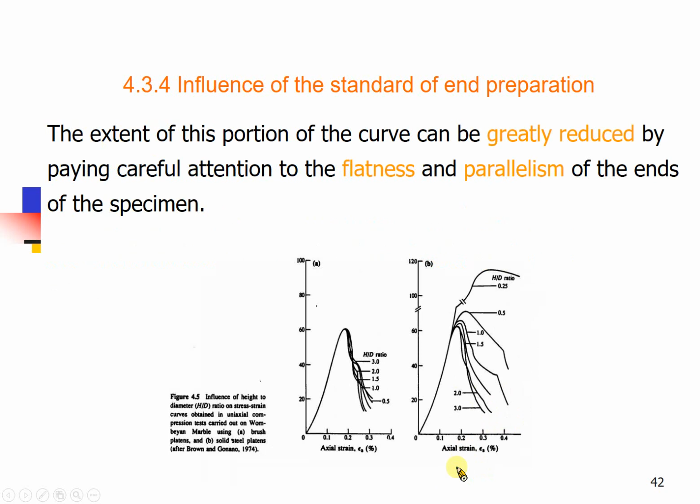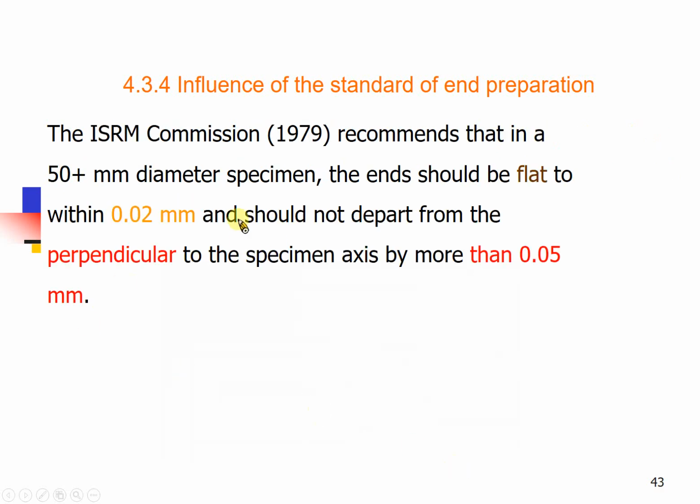According to the standard, they suggest that a sample to be tested should be very flat first, and the two ends should be parallel. That will be a very important point in the standard. Here it shows the allowable precision for the preparation of your sample. The flatness of the sample should be within 0.02 millimeter, which is 20 micron.